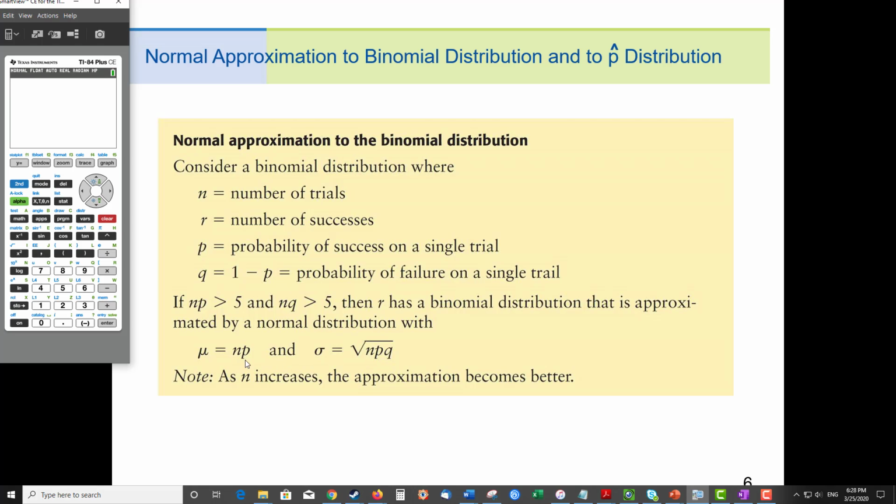We're going to have, again, some special formulas for mu and sigma here. So mu in this case is n times p, and sigma is the square root of n times p times q.